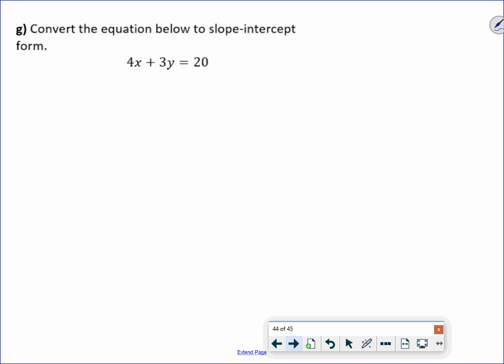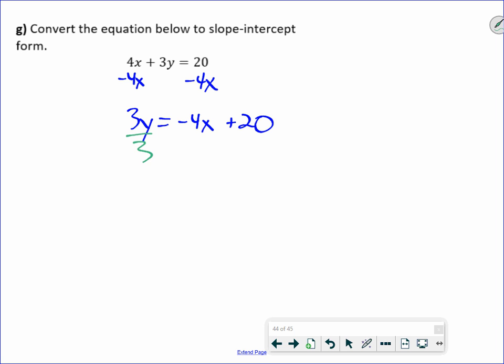Convert the equation below to slope-intercept form. Same type of problem we were just doing. Subtract 4x from both sides. I'll get 3y equals negative 4x plus 20. Divide both sides by 3. And I'll get y equals negative 4/3 x plus 20/3.